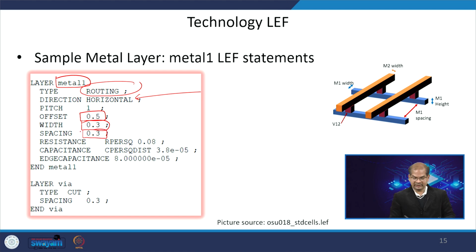It has resistance and capacitance information, all provided. Then you have via information between metal 1 and metal 2, also provided in the LEF file. Here I am just explaining one metal layer, metal 1, but it is available for all the metals in that PDK.